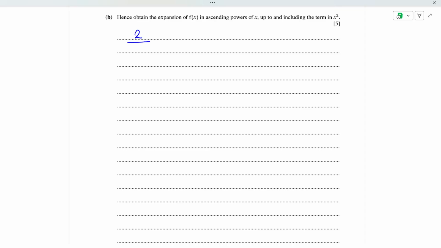So first things first, you write your f(x) in partial fractions, plus 2 over 3 - x plus -3 over (3 - x)^2. What you want to do is the expansion in parts. So divide it in parts and do the expansion in parts.